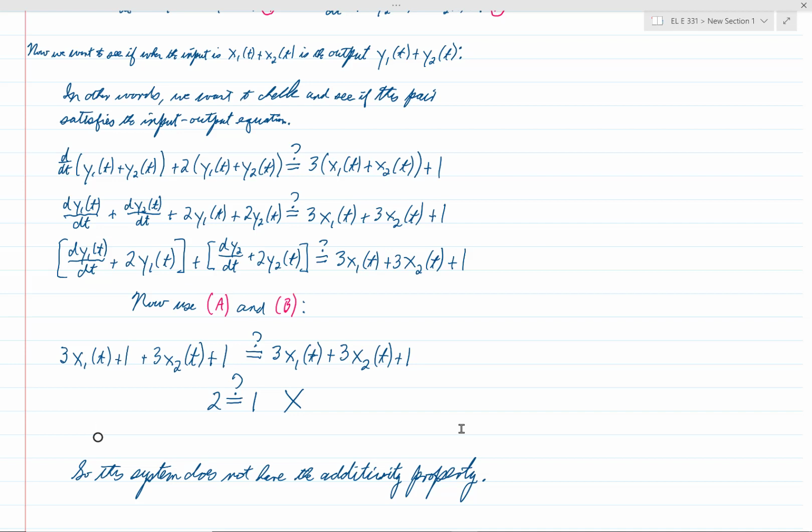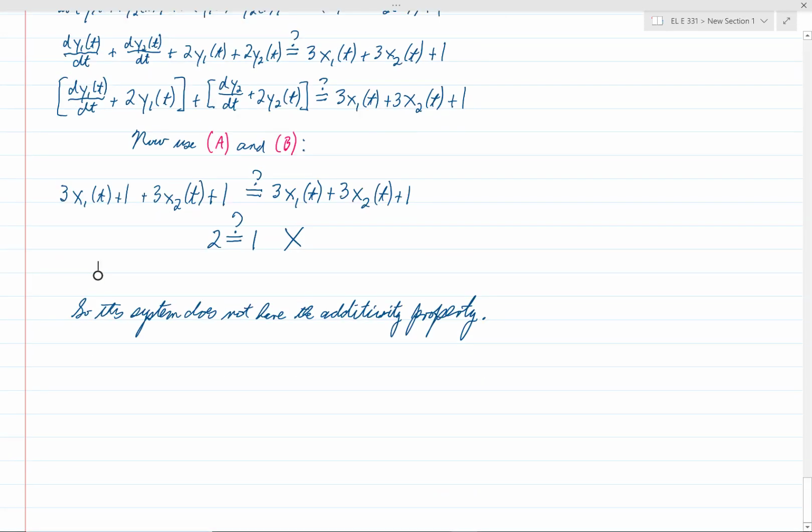So that's the end of the examples for this lecture. And once again, just to quickly review, we've reviewed the relationships between various singularity functions, and we have also reviewed two properties that must be satisfied in order for a system to be a linear system.